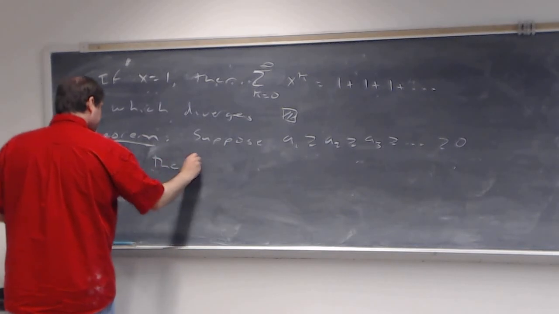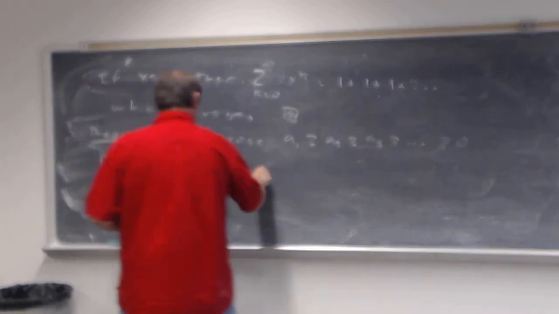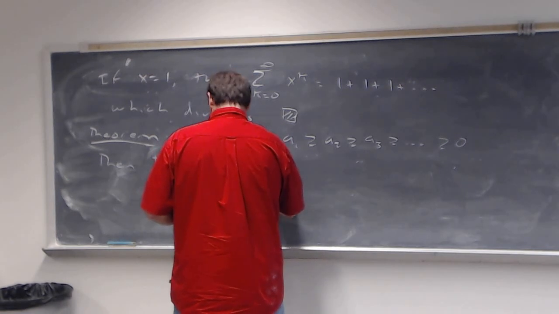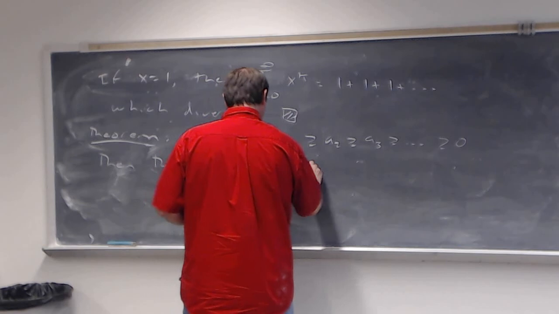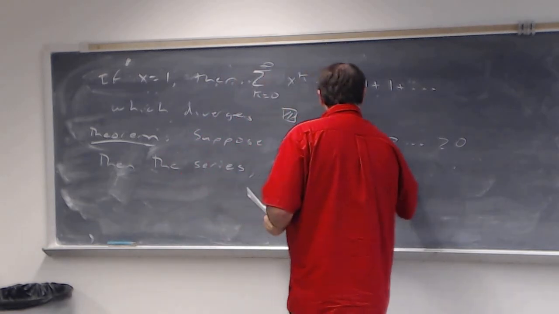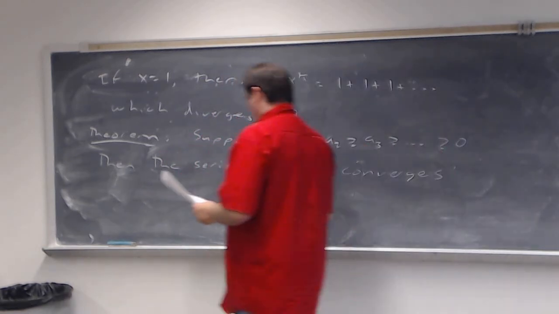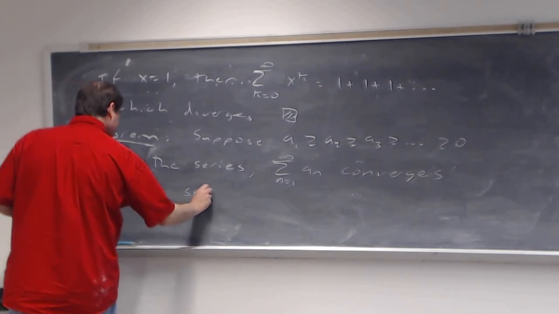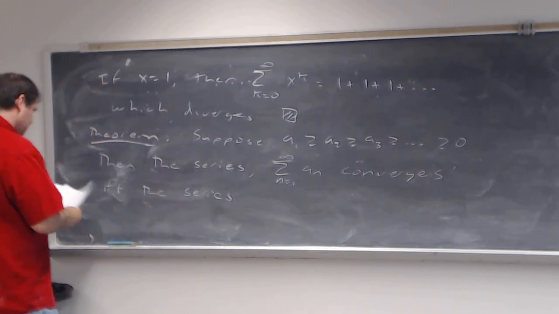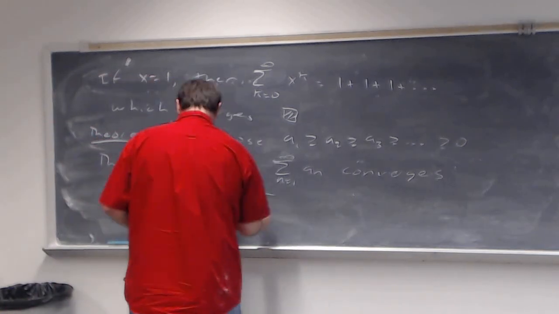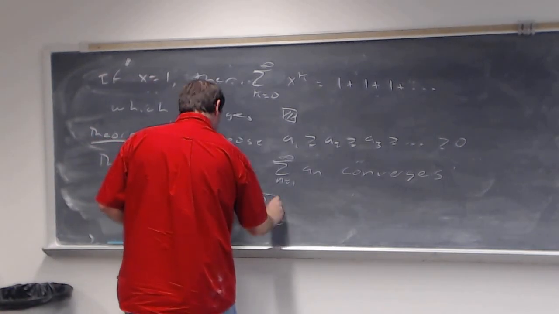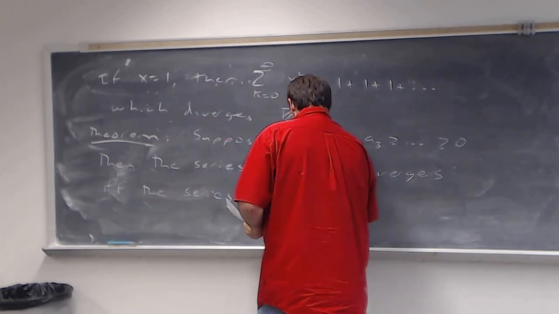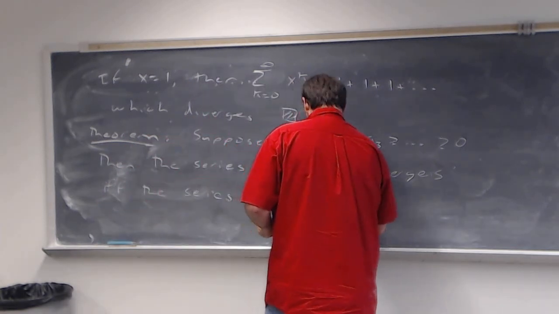Then the series, the sum as n runs from 1 to infinity of a sub n, converges if and only if the series, this is what you get to compare it to, as k runs from 0 to infinity of 2 to the k times a sub 2 to the k.